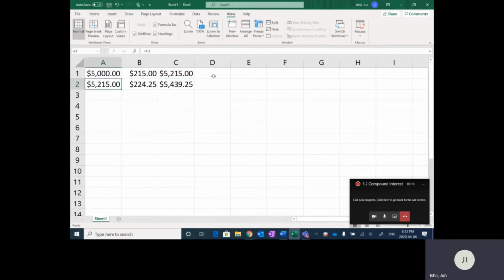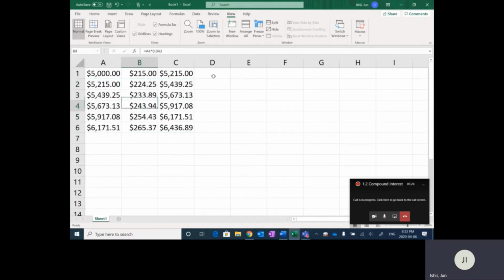Now this process repeats itself for 6 years. Our end balance is right here: $6,436.89. What's happening is we start off with 5,000, at the end of the year we get that balance, and then it gets transferred over to the starting balance.